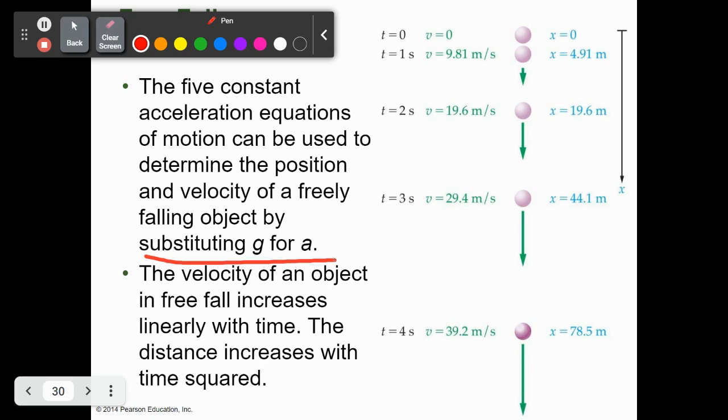So instead of telling you what the acceleration is in the problem, they're going to let you have to remember and assume, oh, it's always 9.8, okay? So in your problems, they won't tell you acceleration is whatever. They will say the object is in free fall, or they will tell you the situation and you're going to have to discern that the object is in free fall, and so the acceleration you're going to use is 9.8.